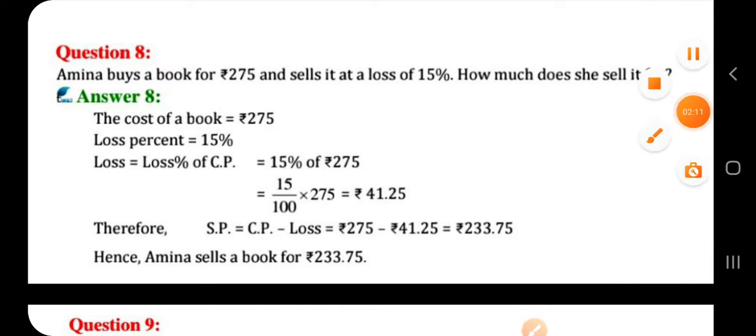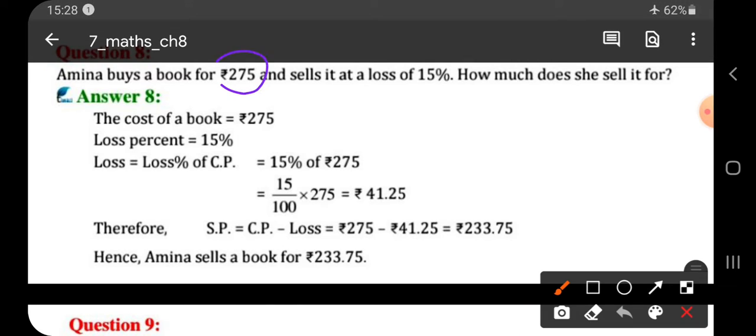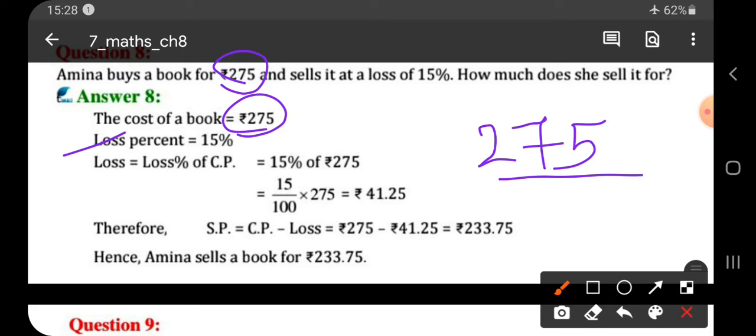Question number 8. Amina buys a book for 275 rupees and sells it at a loss of 15%. How much does she sell it for? First of all, she buys a book for 275 rupees and the loss percentage is 15. So we have to find out the loss in rupees. On 275 rupees, what is the loss?